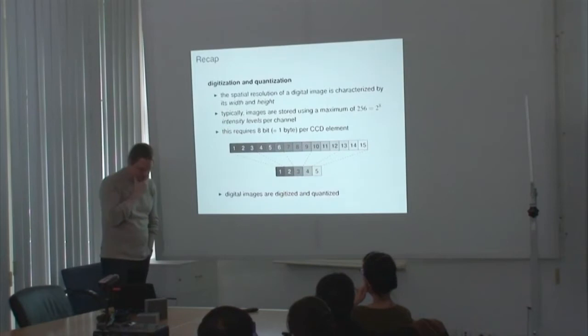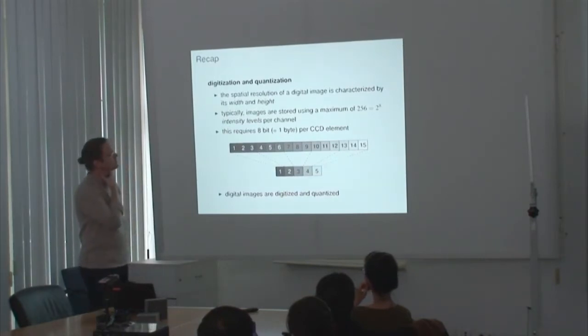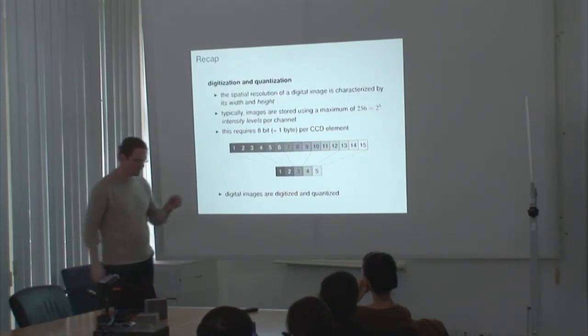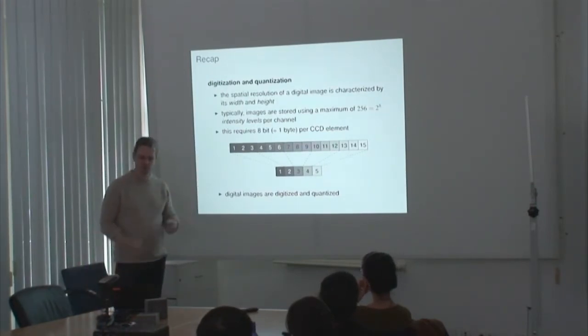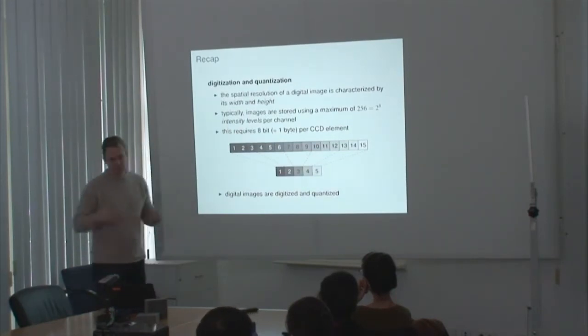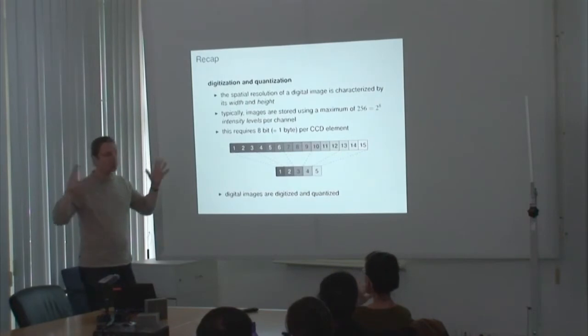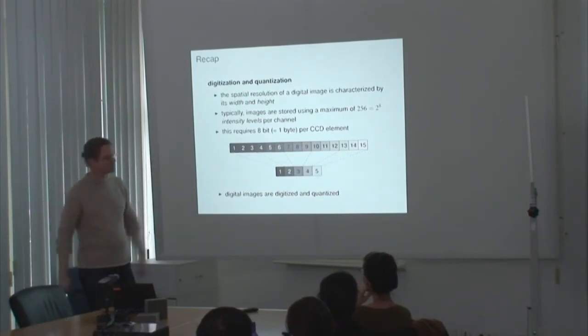digitized, and they are quantized, and by quantized we refer to the fact that even though the intensity that can be recorded by one such element in these CCD chips can, to all intents and purposes for the human visual system, vary continuously, it is not recorded in a continuous manner.